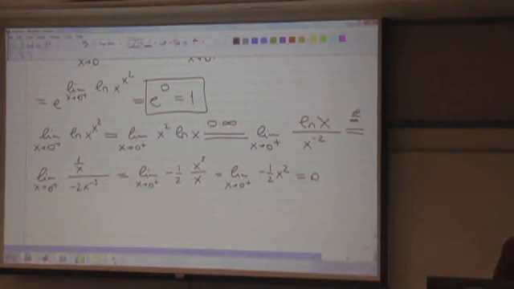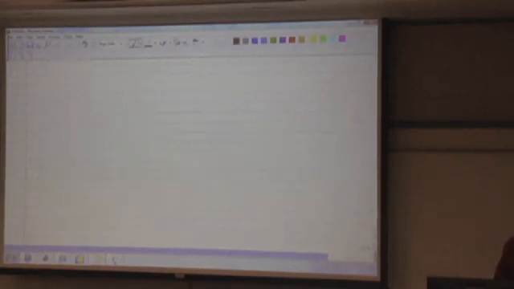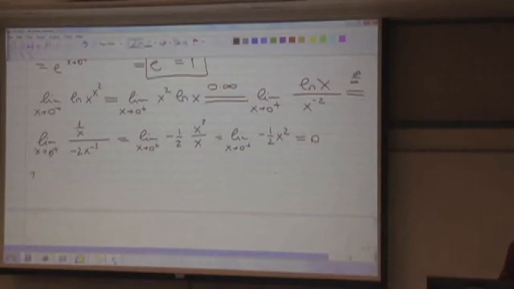Okay, let's see. Number 33 on 193 says the limit as x goes to 0 of 1 minus 2x to the power of 1 over x.